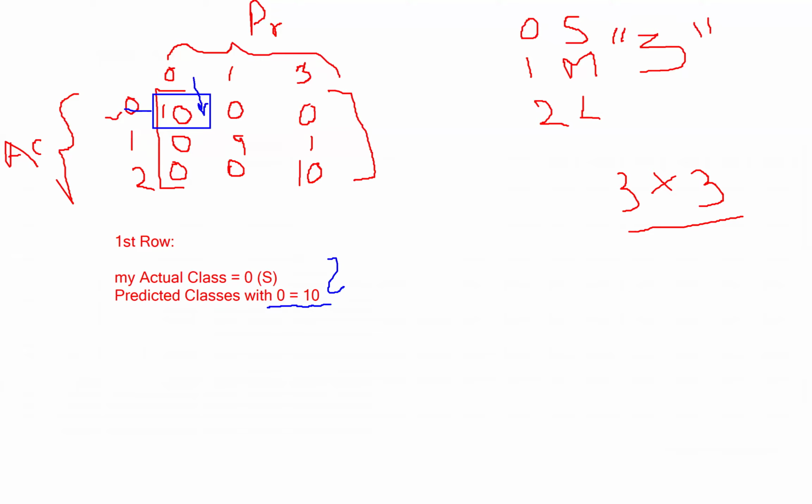That means my prediction for the 0th class or small size is 100% correct.